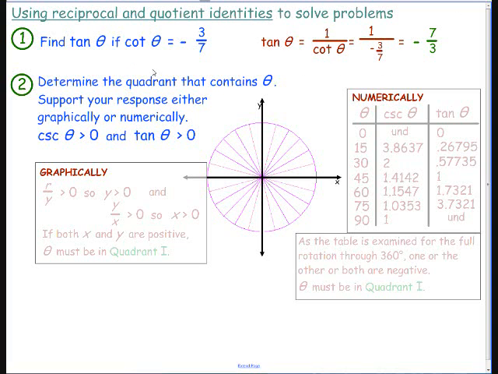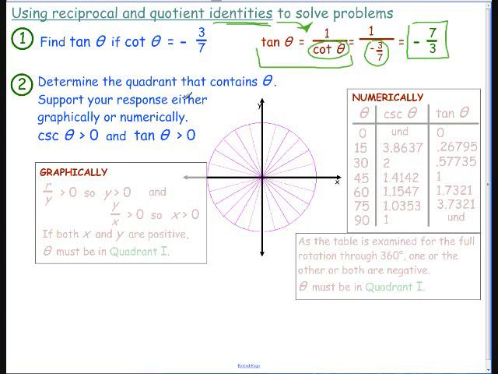So to find tangent, when we know what cotangent is using identities, we're going to use our reciprocal identity, and then where we have knowledge of what this is, we put that in, then we do the calculations to simplify it, and we get our answer. So we used an identity here to solve this. In this section, you're going to use identities to do your solution.